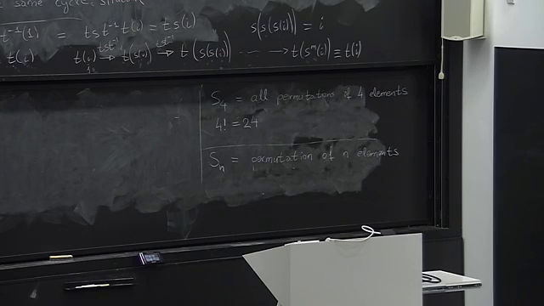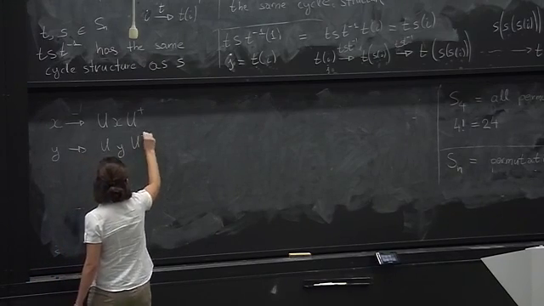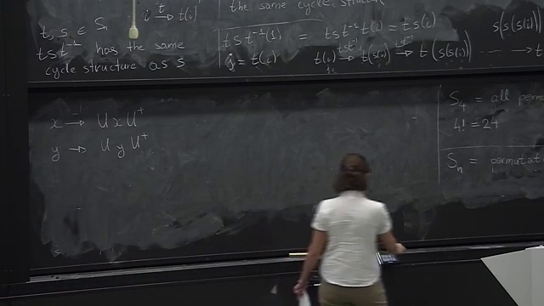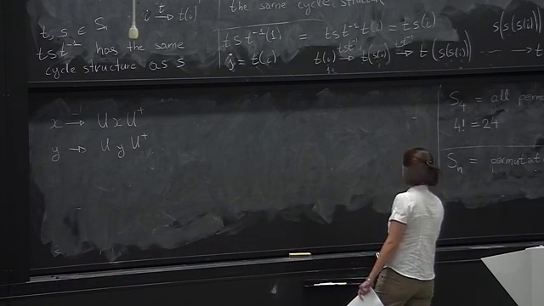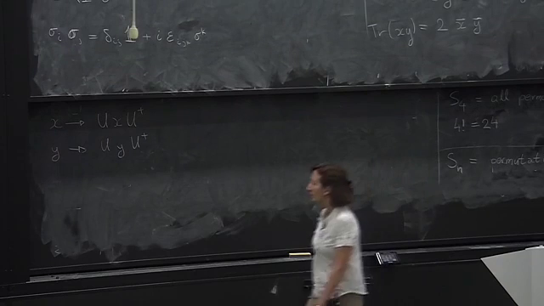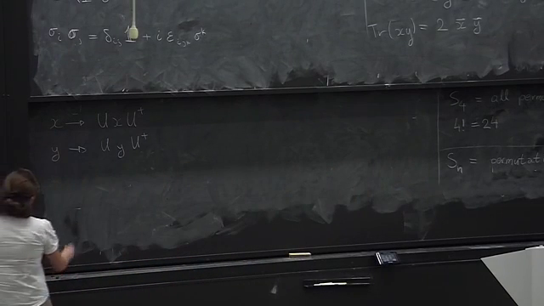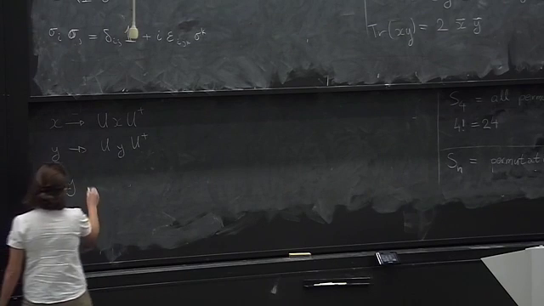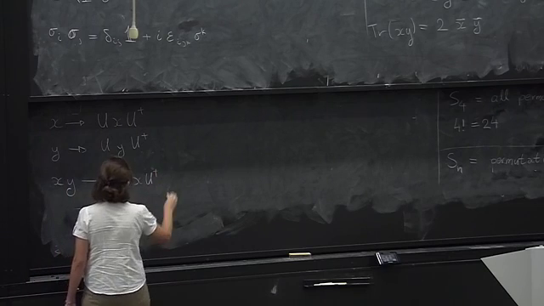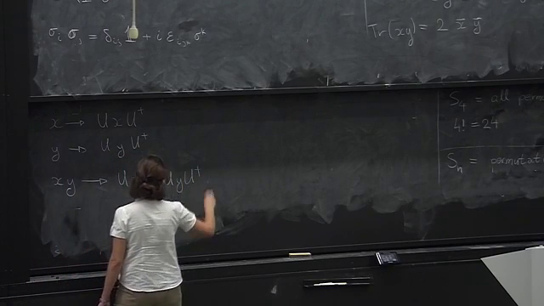X will go to u x u dagger, and y will also go to u y u dagger, which means that the product of the two matrices will turn into u x u dagger u y u dagger.